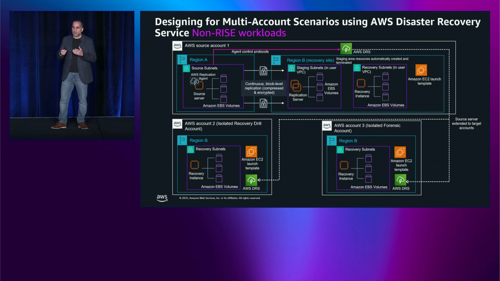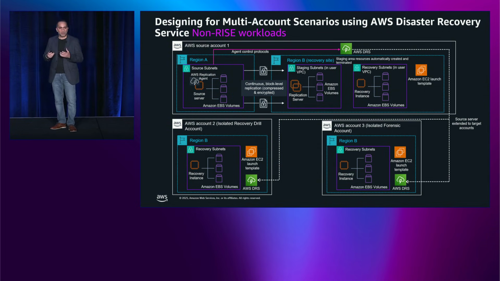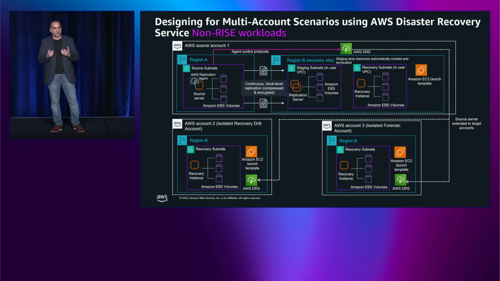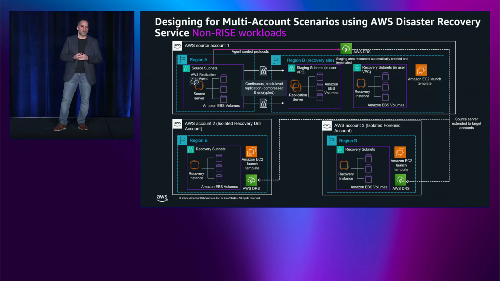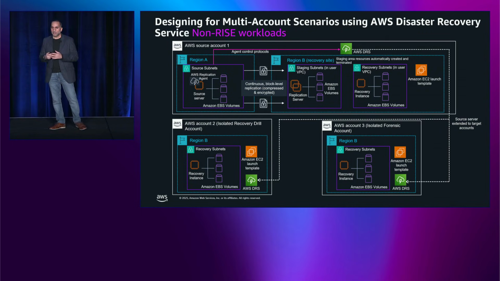This could be based on your requirements and needs, which could be an actual production recovery, an isolated DR drill, or a recovery for only investigation and audit purposes. This account level isolation ensures data protection and multi-account support.